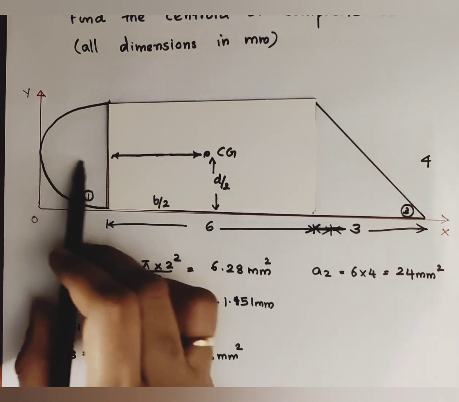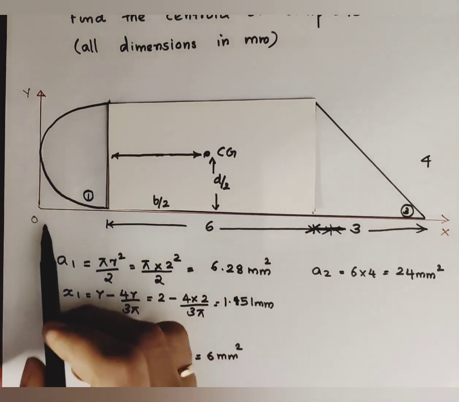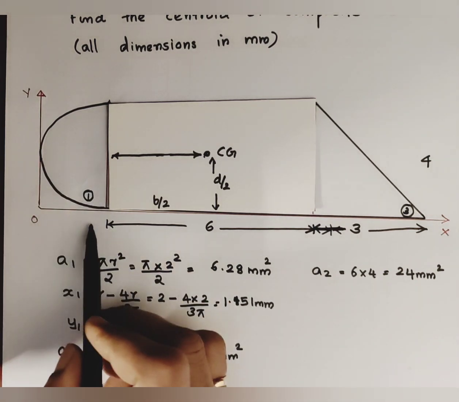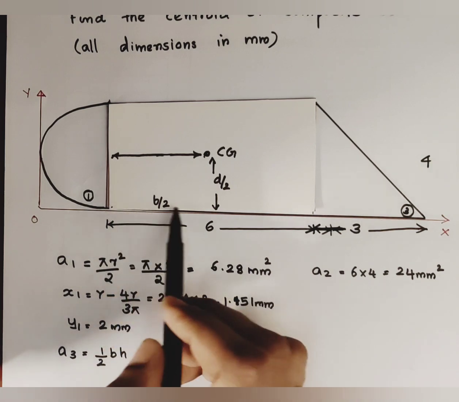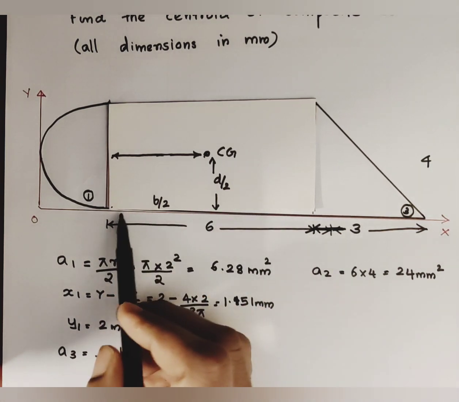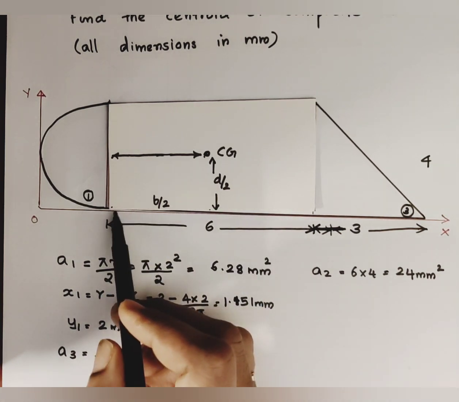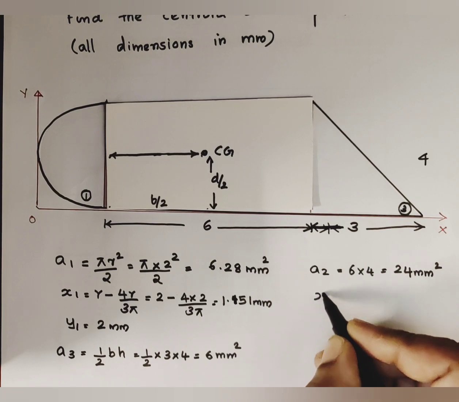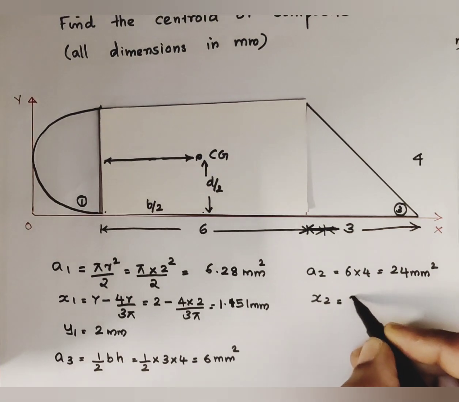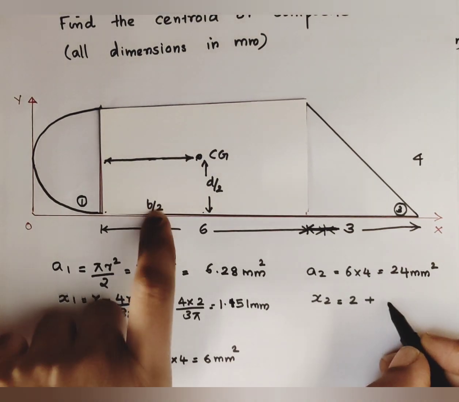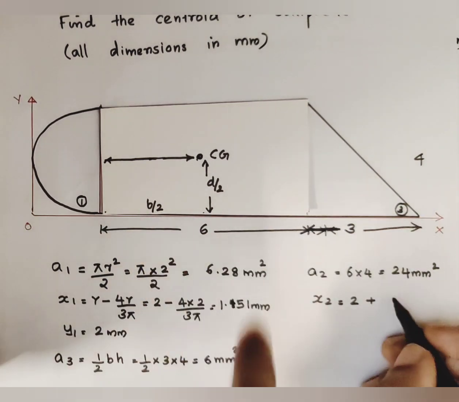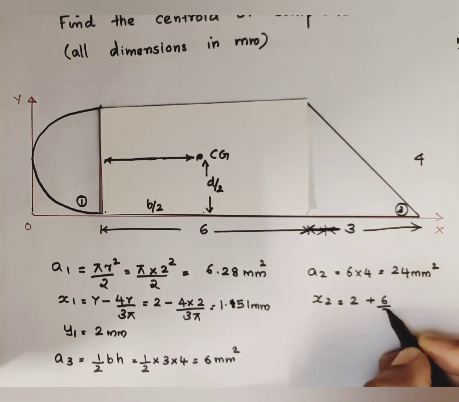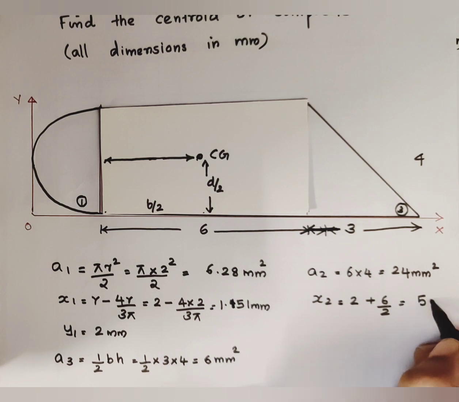This length is equal to the radius, that is 2. 2 plus the total length of 6, 6 by 2, that is 3. So x2 is equal to 2 plus b by 2, where b is equal to 6, 6 by 2 is 3, so x2 is equal to 5 millimeter.